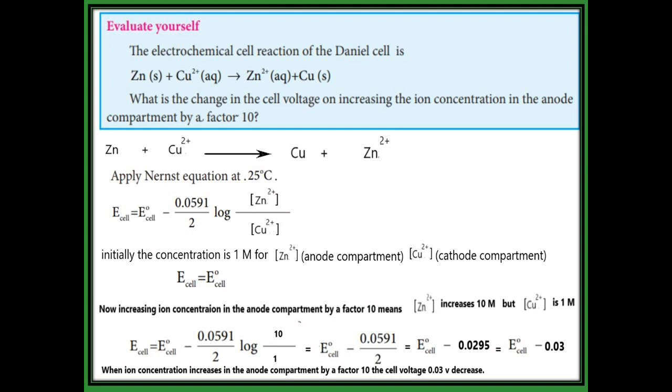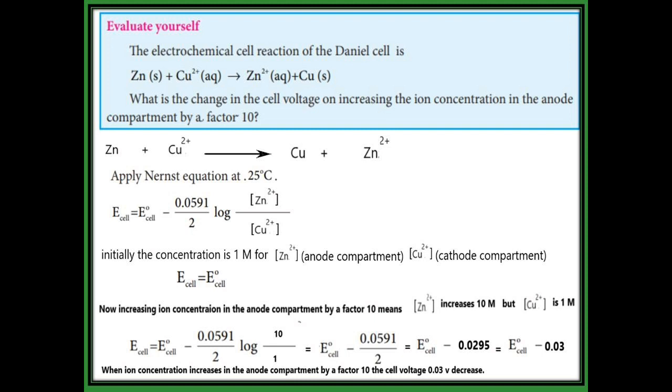We get the Nernst equation, E cell is equal to E naught cell minus 0.0591 divided by 2 log, instead of the concentration of zinc 2 plus put 10, and instead of the concentration of copper 2 plus put 1. Afterward, log 10 value means 1, so E cell is equal to E naught cell minus 0.0591 divided by 2.